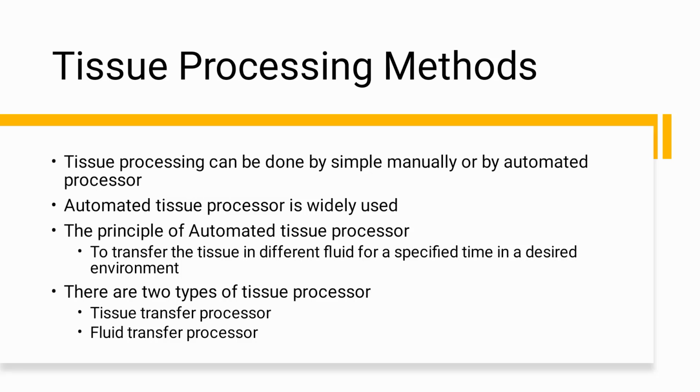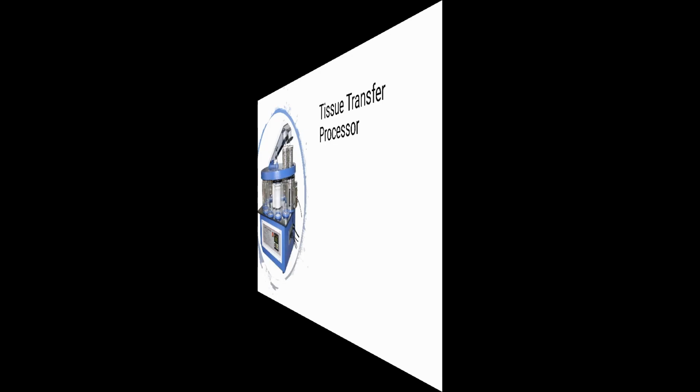The principle of the automated tissue processor is to transfer the tissue in various fluids and various solutions for a specified period of time in a desired and specific environment. We have two different types of tissue processor. The first one is the tissue transfer processor and the second one is the fluid transfer processor.